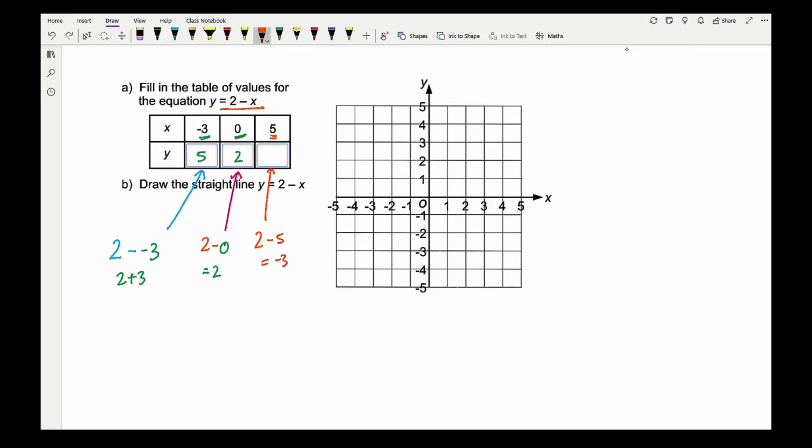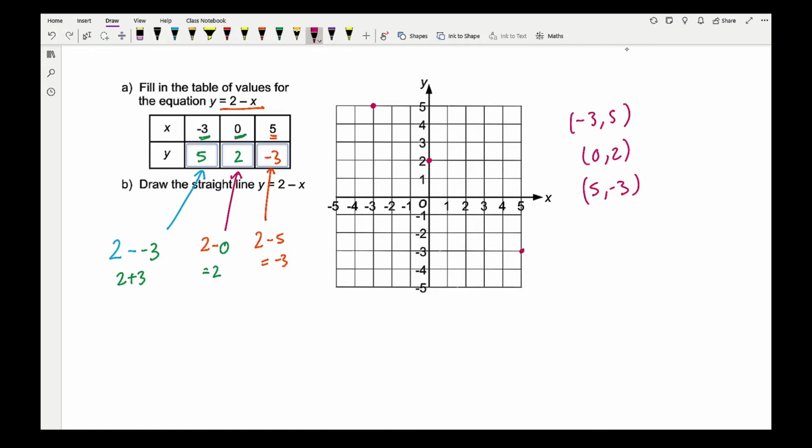And that's going to give me an answer of minus 3. So next what I need to do is plot these coordinates. So I'm going to plot minus 3, 5, 0, 2, 5, minus 3. So again, plotting those coordinates, minus 3, 5 is here, 0, 2 is there, and 5, minus 3 is here.